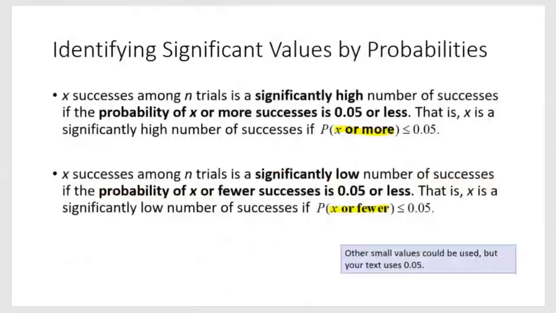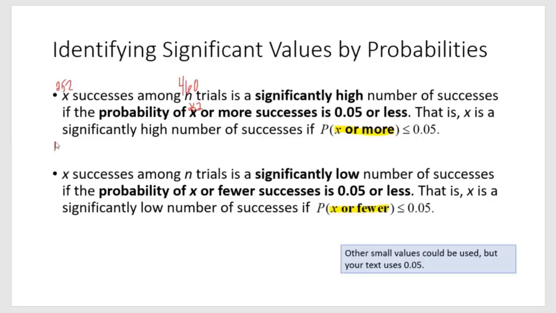So what we would do if we were going to apply this is say, okay, is 252 successes among 460 trials significantly high if the probability of 252 or more successes is 0.05 or less.